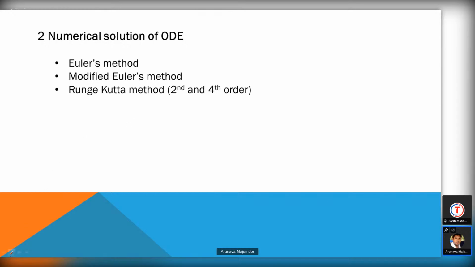ODE means ordinary differential equation, and the other one is PDE, which is partial differential equation.